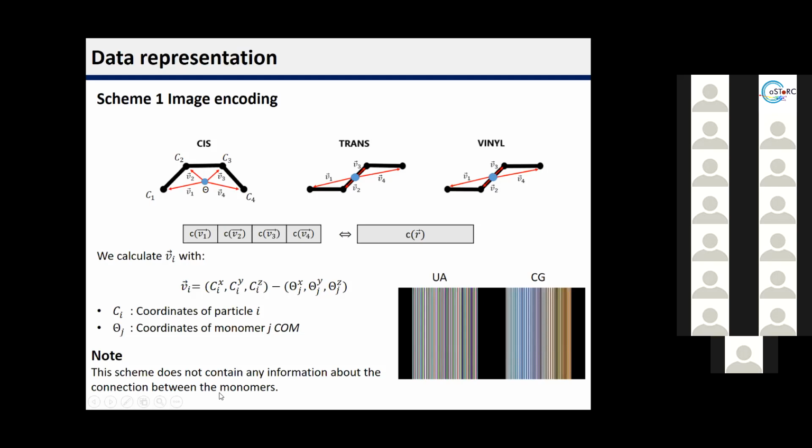On the right, we can see a small sample of a target image and an input image. For the target image, we have the united atom representation of a chain which contains the information about 30 monomers.